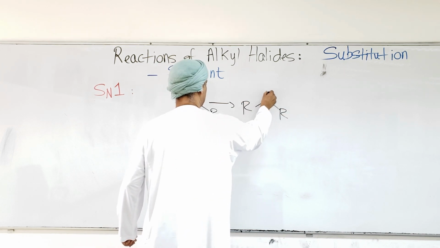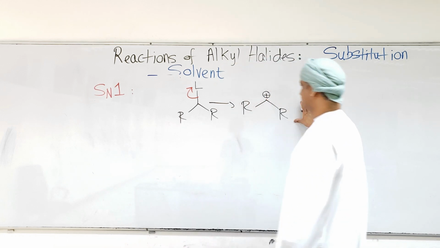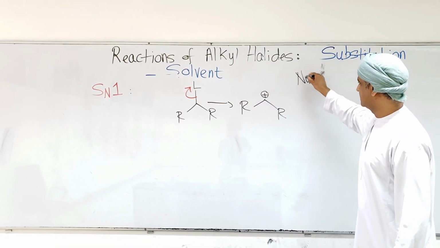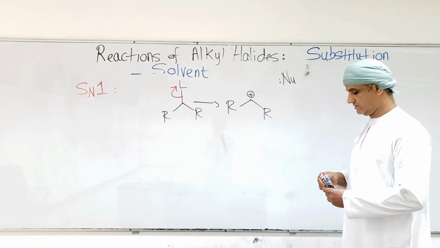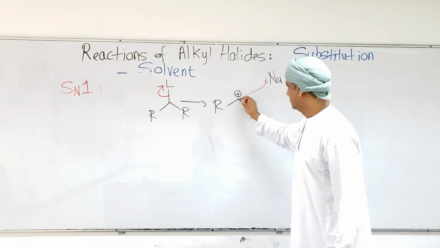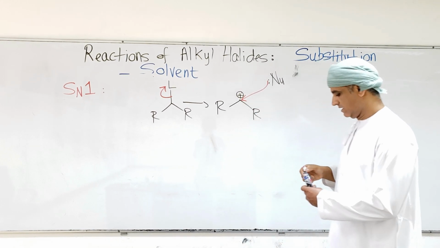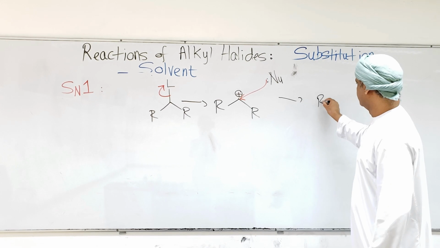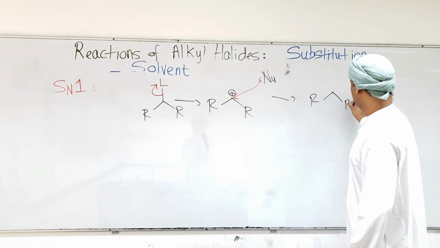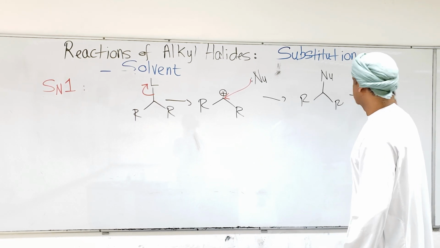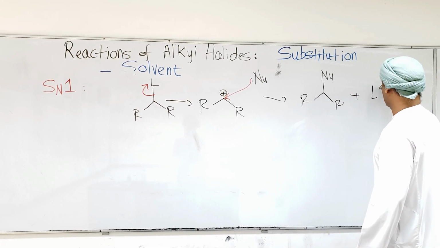This is the carbocation intermediate that's obtained, and then the nucleophile comes in a subsequent step to attack the electrophilic carbocation to give the final substitution product, plus, of course, L minus overall.